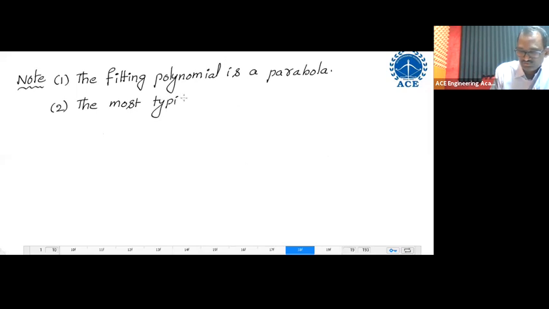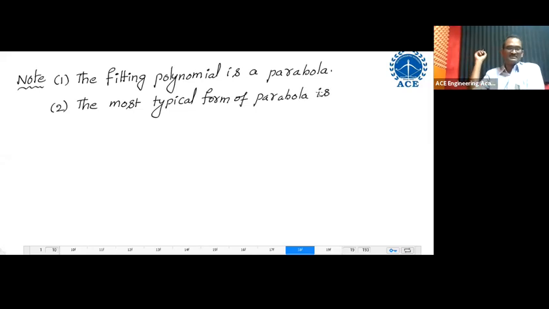The most typical form of a parabola is y is equal to a plus bx plus cx square.